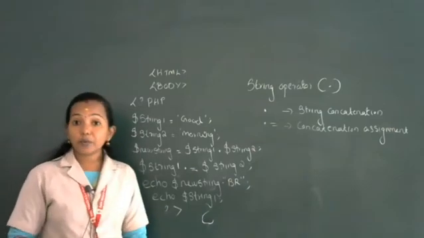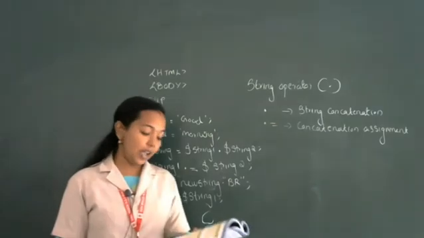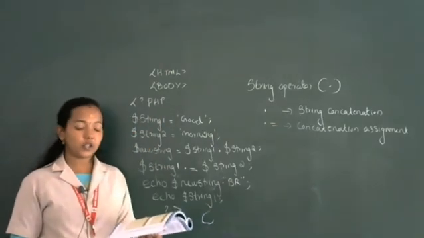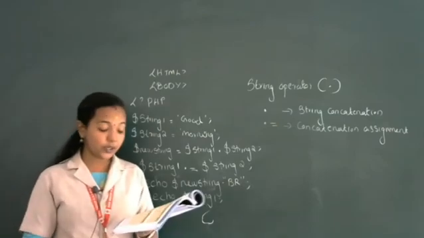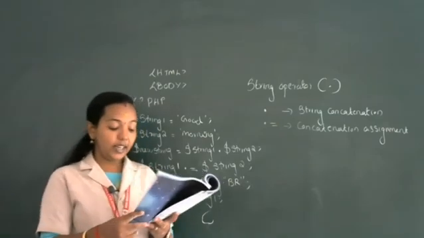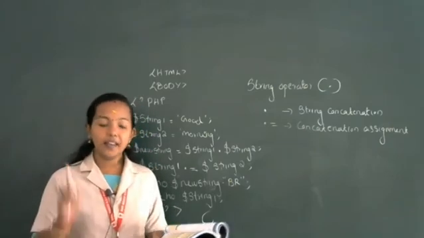There are two types of string operators: the concatenation operator and the concatenation assignment operator. The concatenation operator joins the right and left strings into a single string.